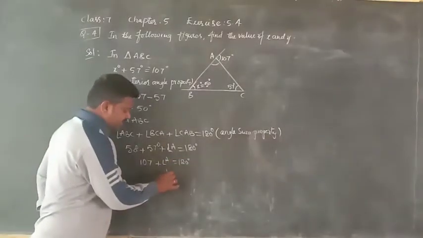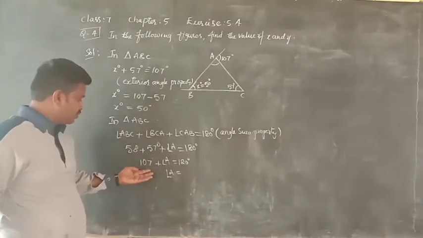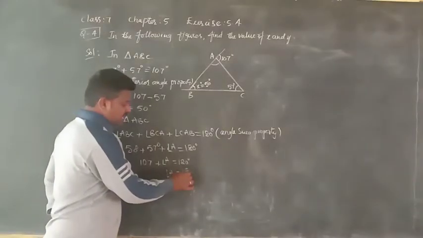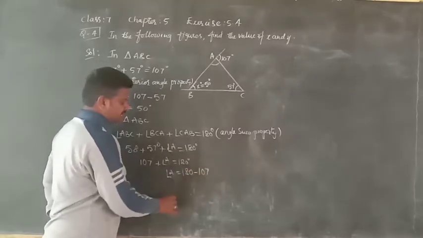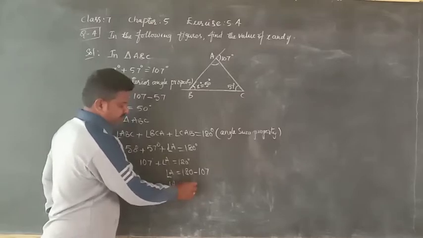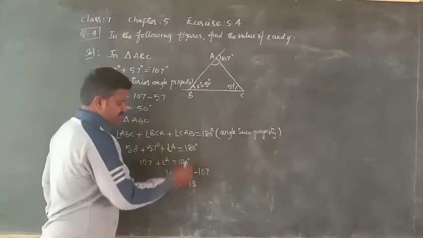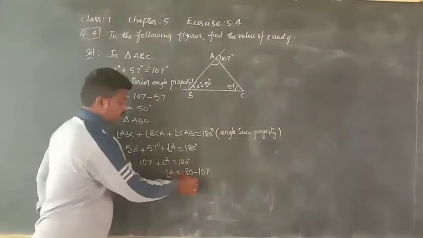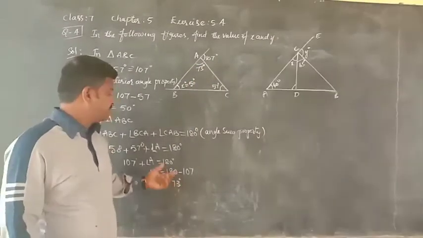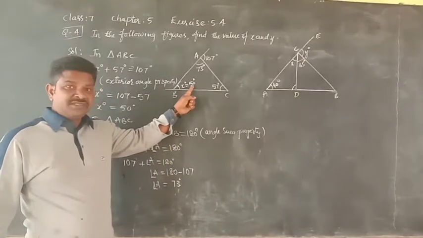To find angle A, we transpose this 107 to that side, I mean 180 minus 107. By subtracting we get angle A, which is 73 degrees.